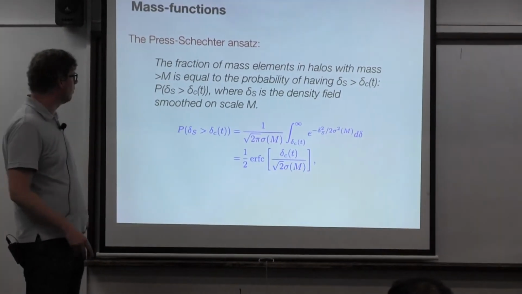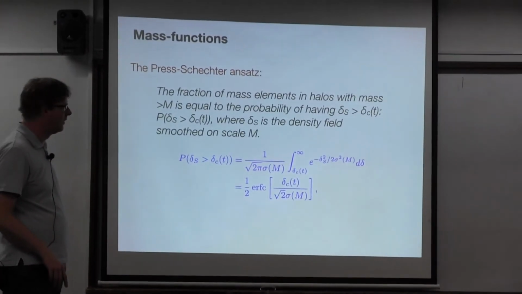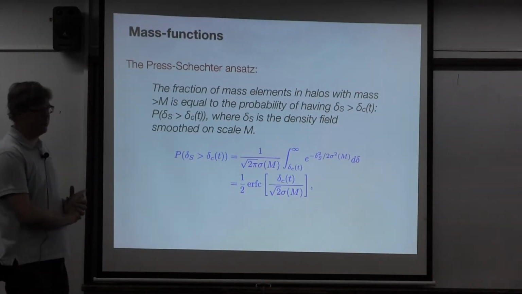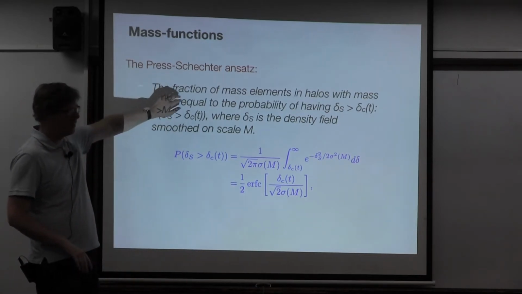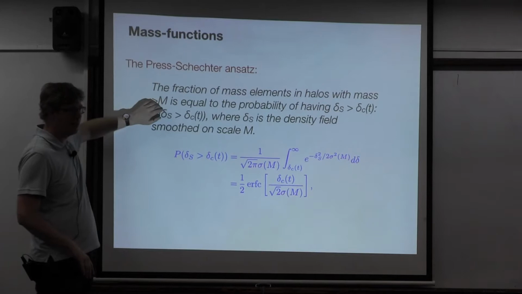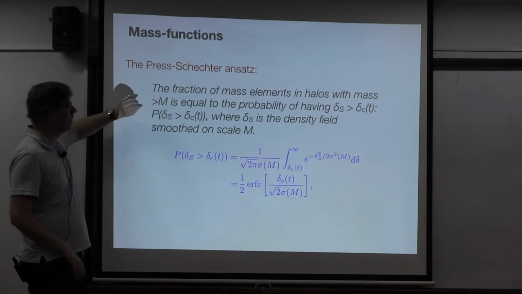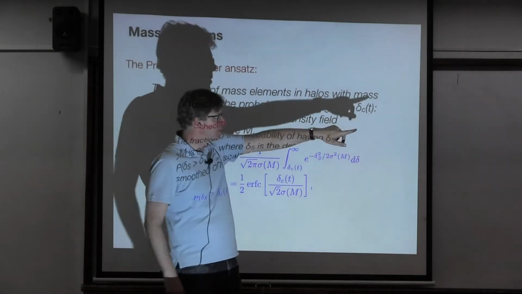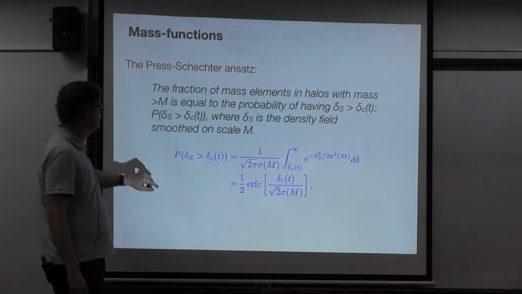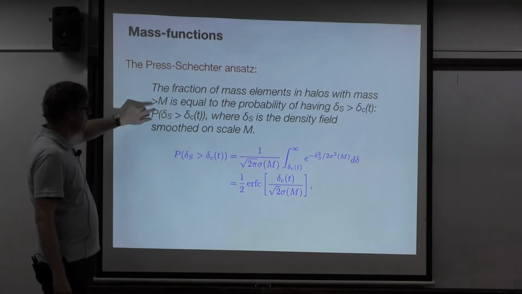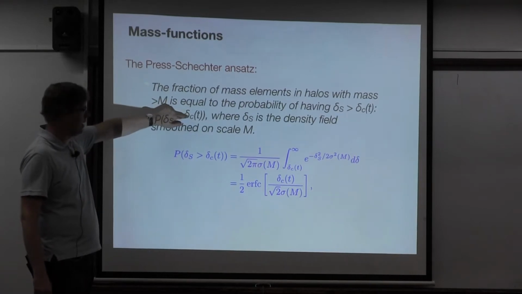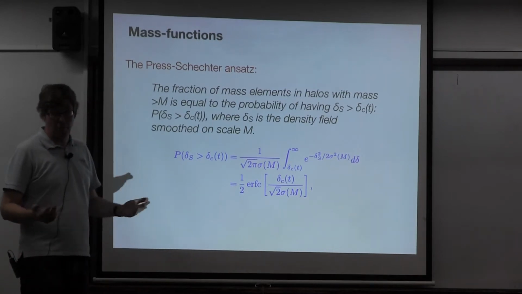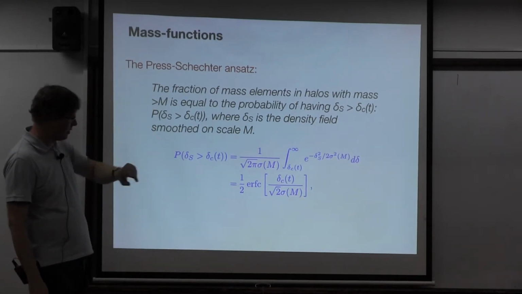And then we come to something known as the Press-Schechter ansatz from some years ago. They are saying, basically what's written here, that the fraction of mass elements in halos with mass greater than m is equal to the probability of having delta smoothed on some scale r, which is what I had over there, P of delta greater than delta c, where delta is the density field smoothed on the scale m or r.